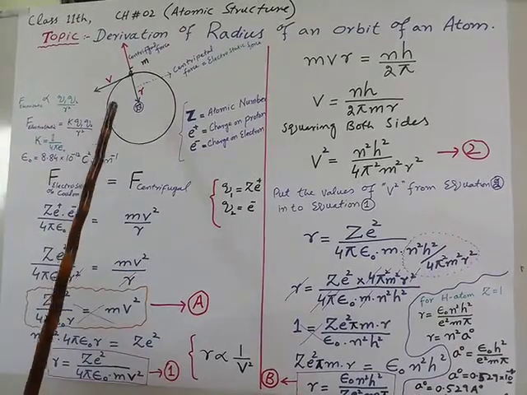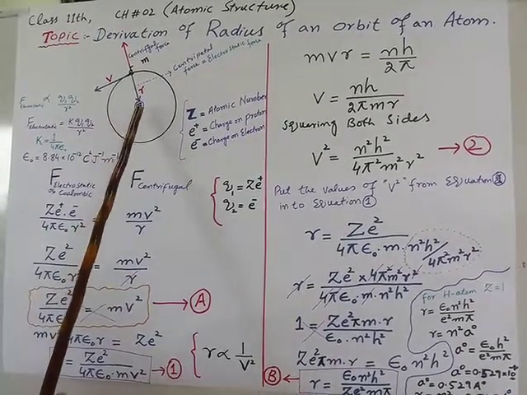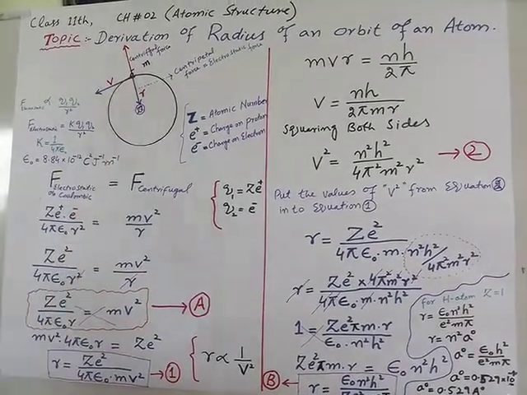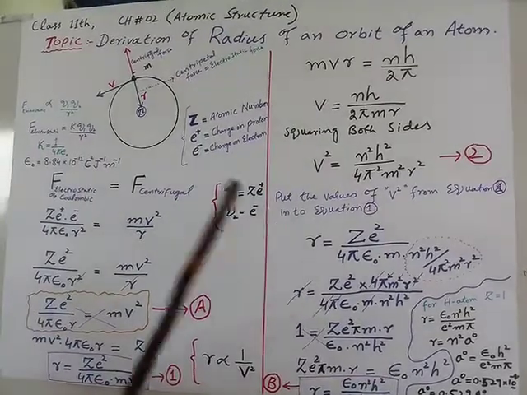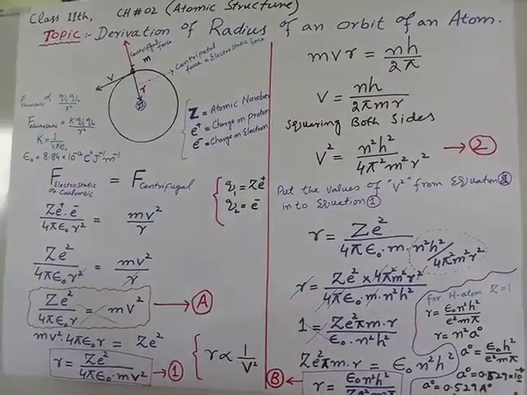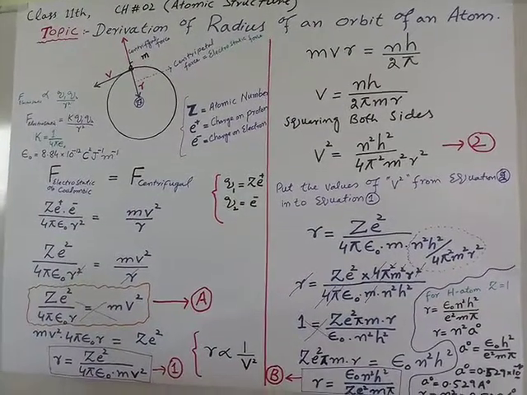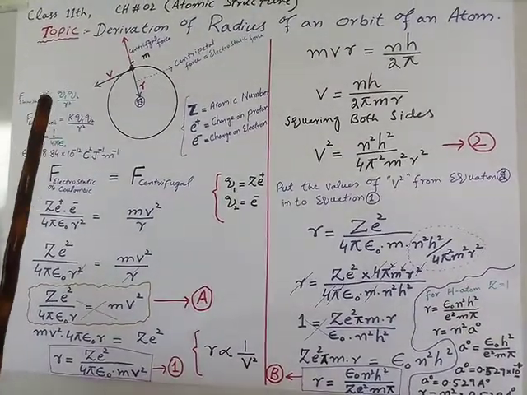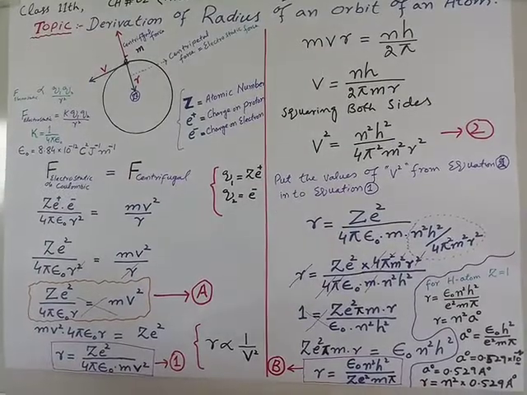As we have two charged bodies, the proton and the electron, and there is a force of attraction between them, I can apply Coulomb's law here. You would have studied the statement of Coulomb's law.